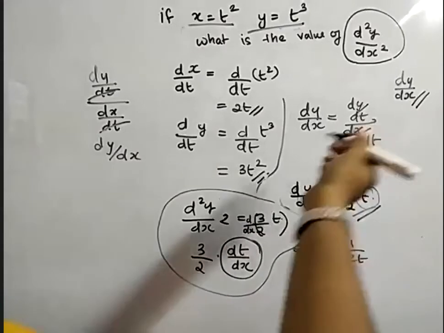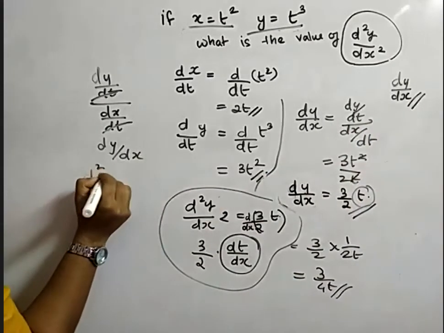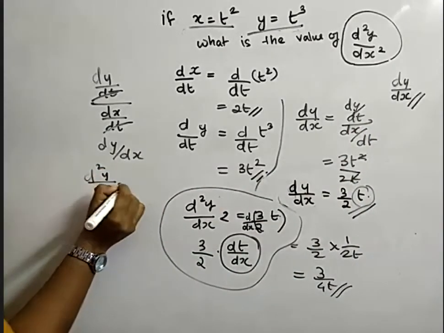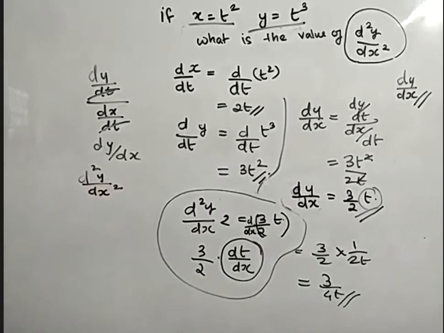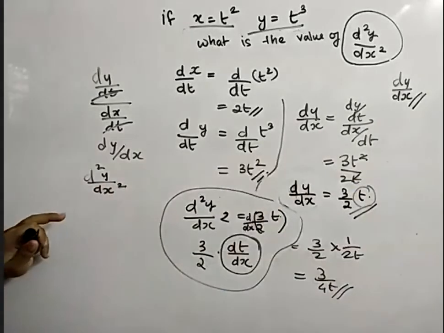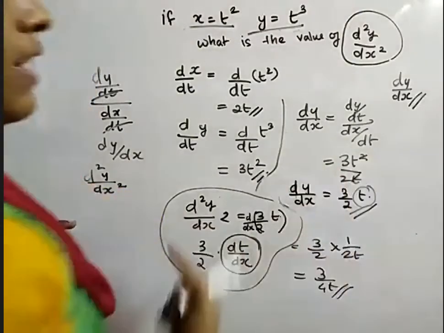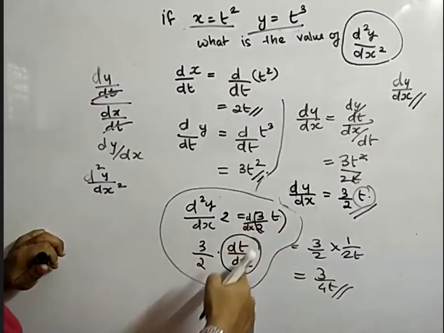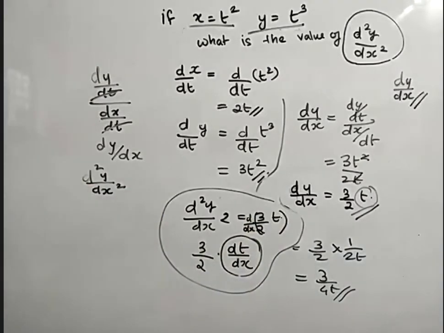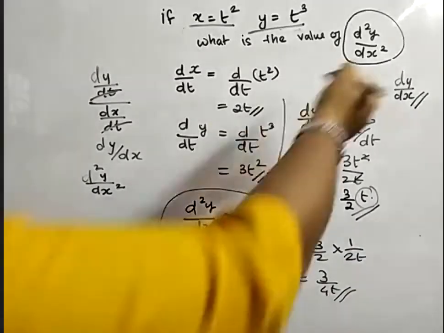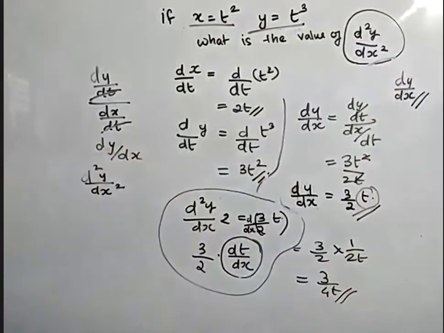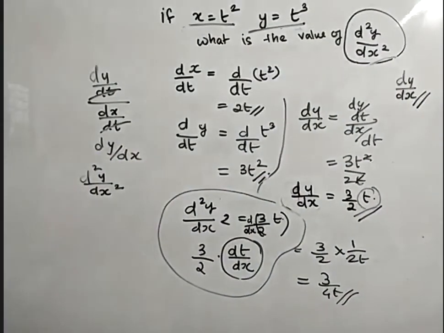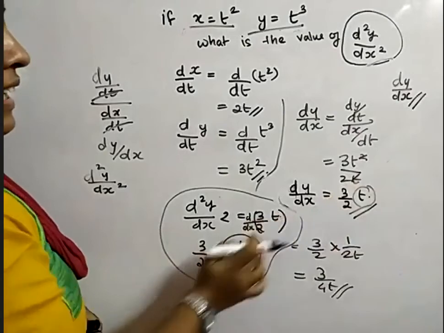But what we need is d square y by dx square. So again we need to take the derivative. Take this derivative again: 3/2 into the derivative of t with respect to x, because here we are differentiating with respect to x. So with respect to x means dt by dx.